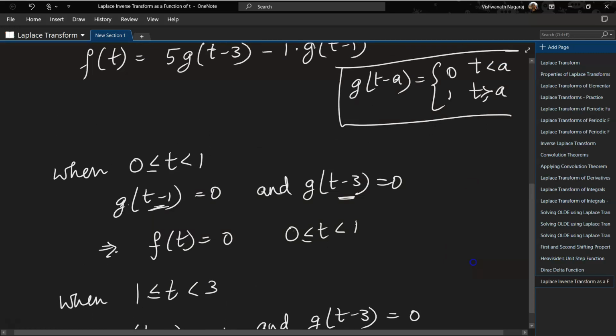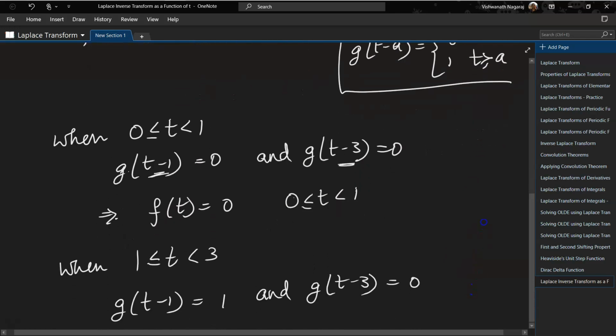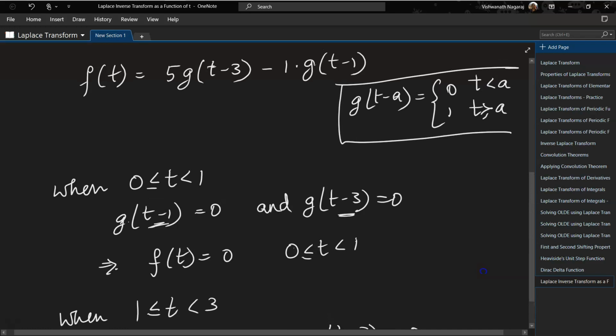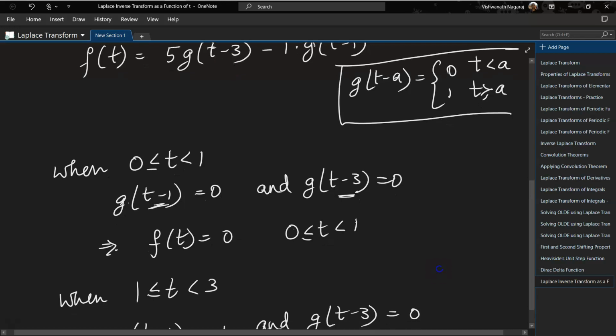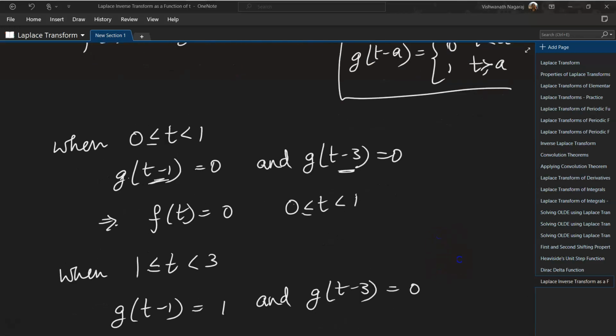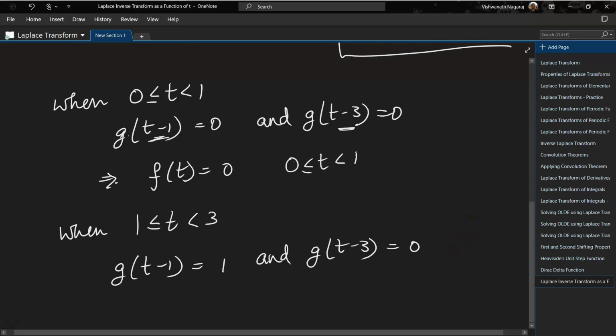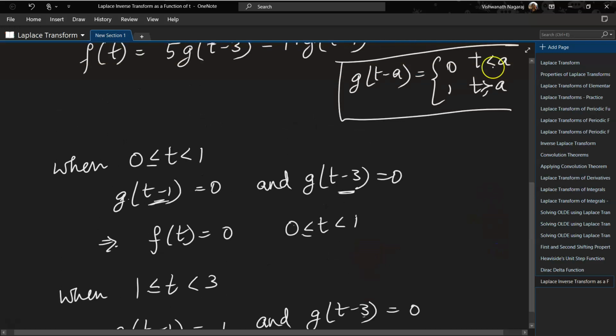So if it is between 1 and 3, that means t minus 1 is greater than 0, so this will be a positive number. So this will be equal to 1. Whereas here it would be negative, less than 0, which means it will be equal to 0. Here remember this is a. So when it is less than a, it is 0.